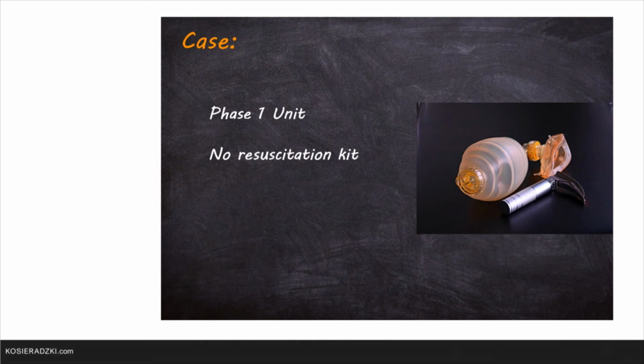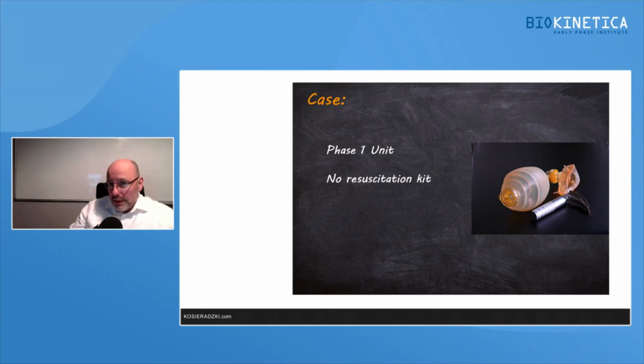There was no equipment that was really useful, and what was even more threatening was that the personnel were not able to tell me why they were using this or that type of equipment, and why they didn't have this equipment in one place. For example, the medication was locked in another cupboard, not together with the resuscitation set, and was widespread across a big cupboard with no intention of being used in a quick, expedient way, which was really alarming, considering the name of the unit, phase one unit.